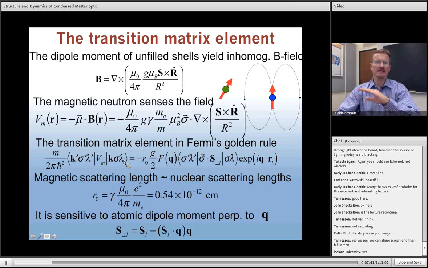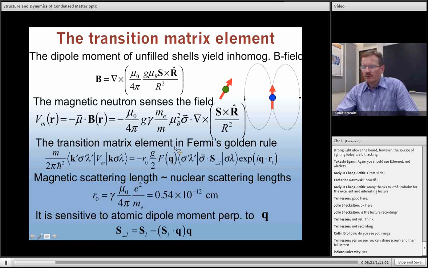And as you know, eventually I get to do a thermal average of all possible initial states weighted according to the thermal occupation factor. Then I have a final state for the neutron linear momentum and for its spin index and for the state of the sample. These I will eventually sum over lambda prime, but I'm going to be looking at scattering into some specific solid angle of k prime states. And I have this interesting prefactor that shows up so that this whole term actually has a dimension of length.